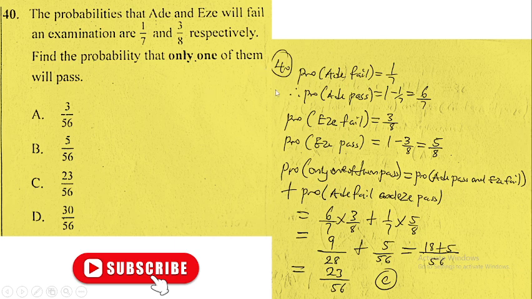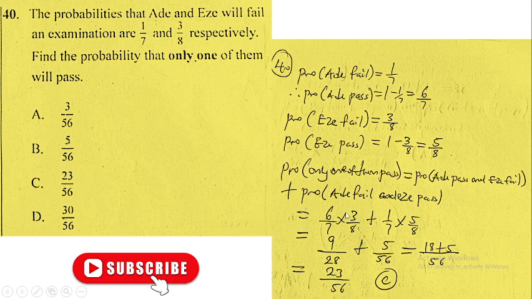Probability that only one of them will pass, whether Ade failed and Eze passed, or Ade passed and Eze failed. That's what we have here: the probability that Ade passes and Eze fails, plus the probability that Ade fails and Eze passes. That gives us Ade pass 6/7 times Eze fail 3/8, plus Ade fail 1/7 times Eze pass 5/8.